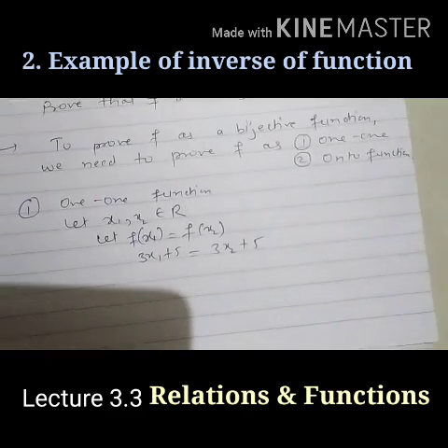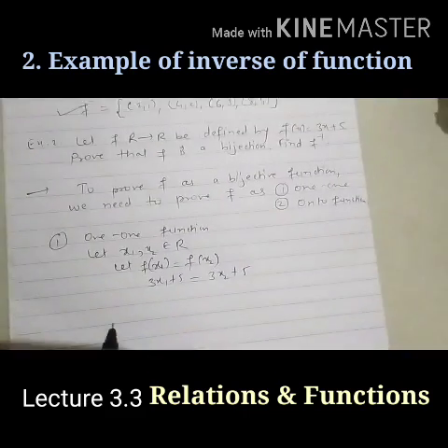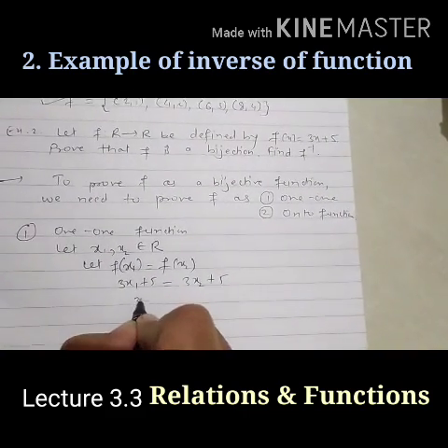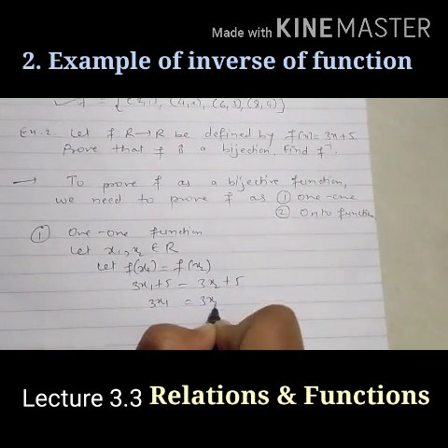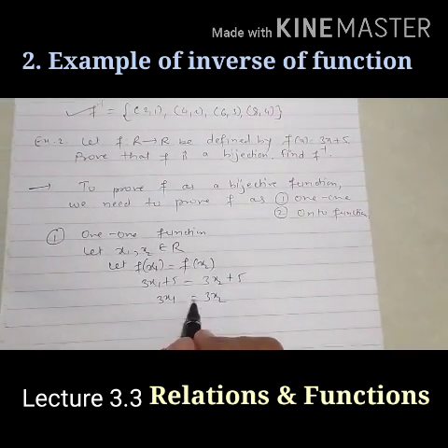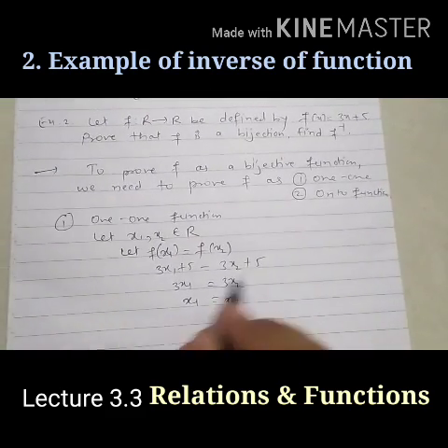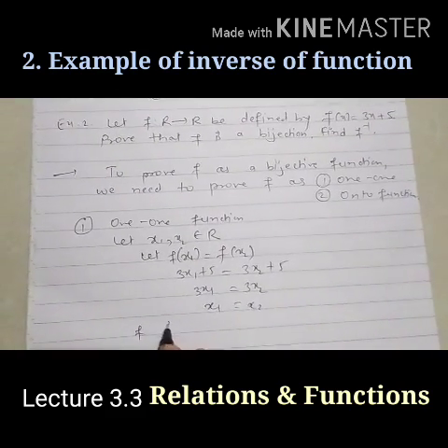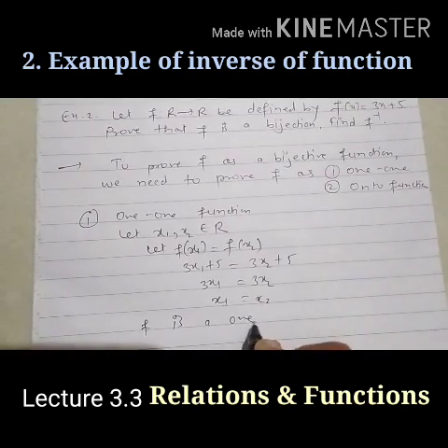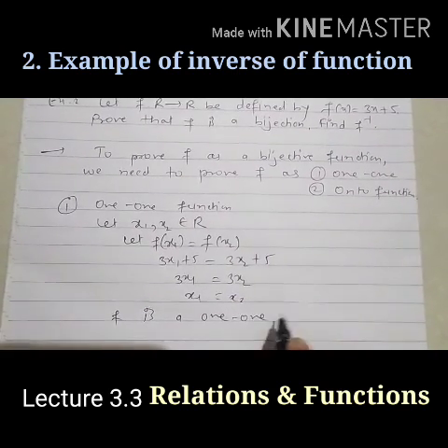We can cancel 5 from both sides. So what will we get? 3x1 equals 3x2. We can cancel 3 also. So what are we getting? x1 equals x2. So clearly f is a 1-1 function.